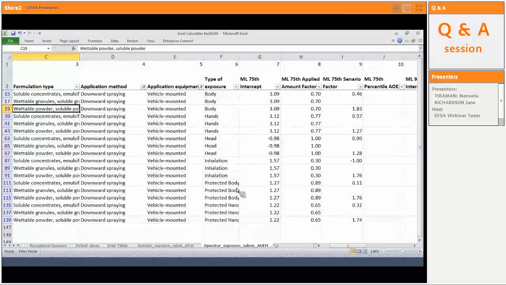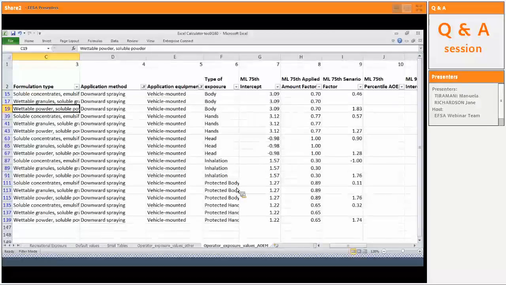So the data indicated that these were reasonable scenarios. So changing the area treated is really a refinement. But I think this is the important point to understand, that the guidance and the calculator are designed as an initial screening tool to see what kind of predicted exposures can be seen for the different groups, in particular operator and worker.